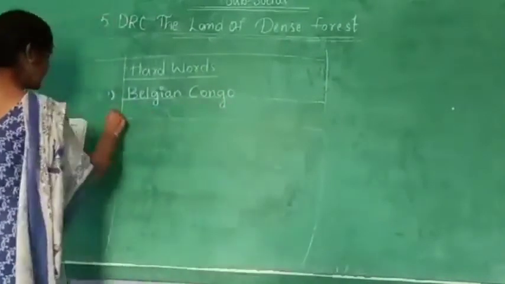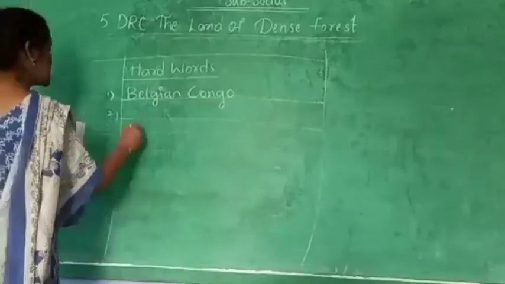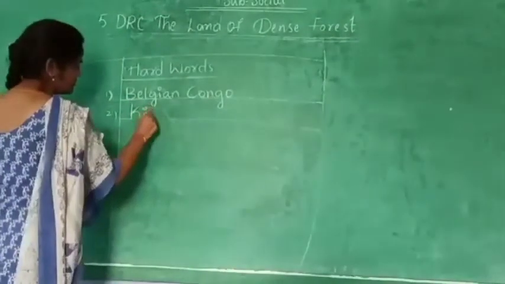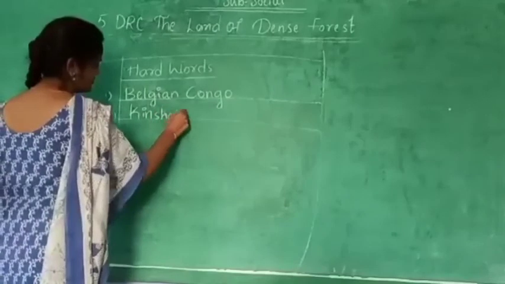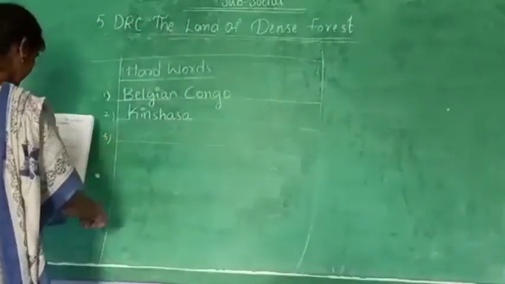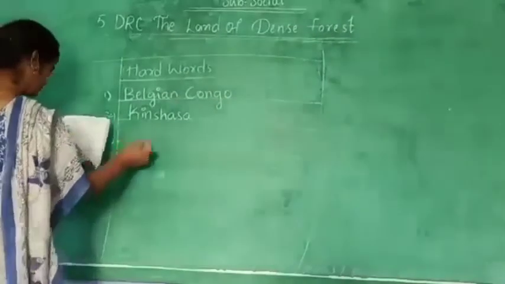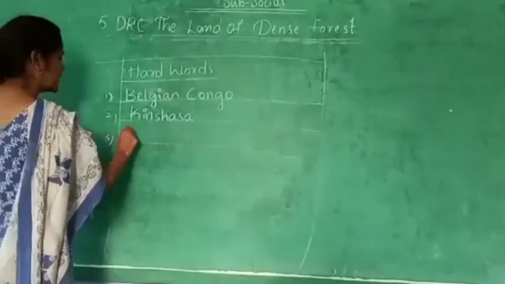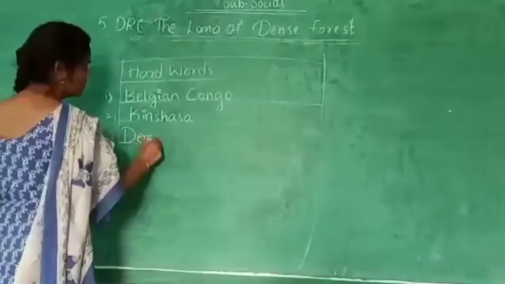Write the second one, Kinshasa. Third one, Congo. Democratic Republic of Congo.